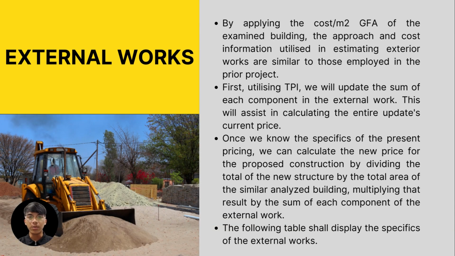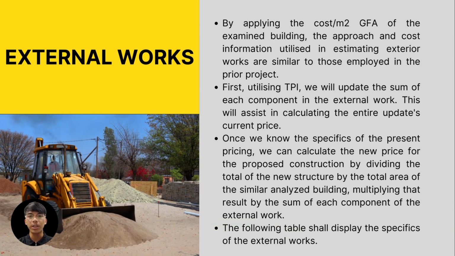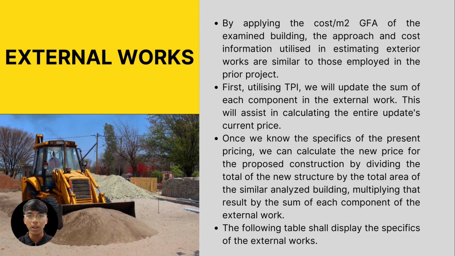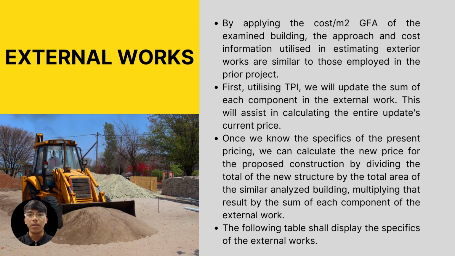For the external works, the calculation can be done by applying the cost per square meter of gross floor area of the examined building. The approach and the cost information utilized in estimating the external works are similar to those employed in the prior part of the project. First, utilizing the tender price index, we must update the sum of each component in the external work, as this will assist in calculating the entire updated current price.